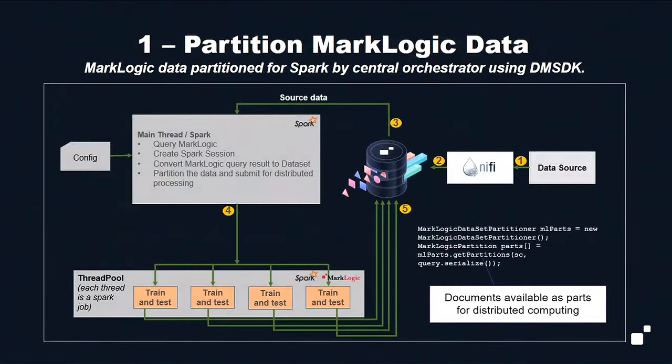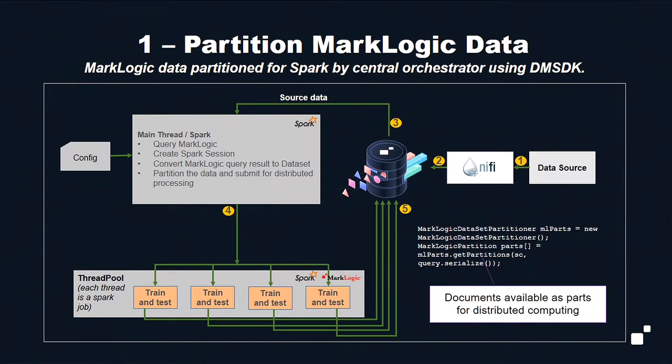So the first option was to actually build a Spark controller thread that would go to MarkLogic, get the sliced and diced wrangled data, and then spin off the parallel Spark jobs to do the training and testing and to create the models. And then those models would be stored back into MarkLogic, right?